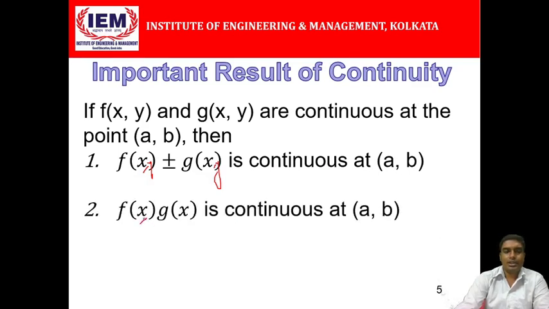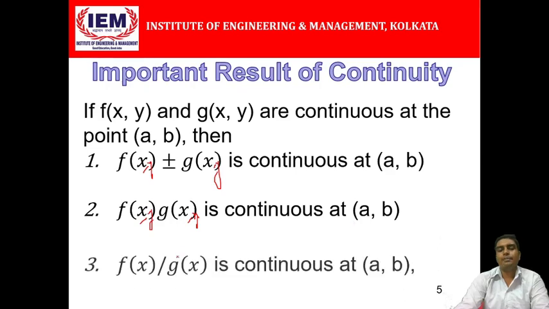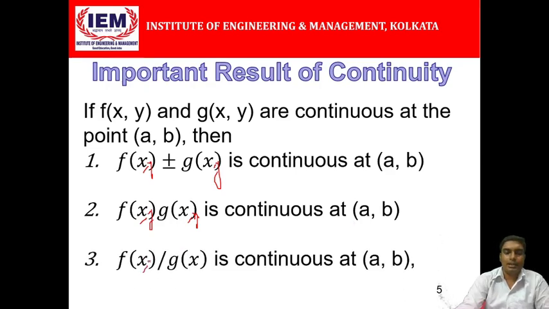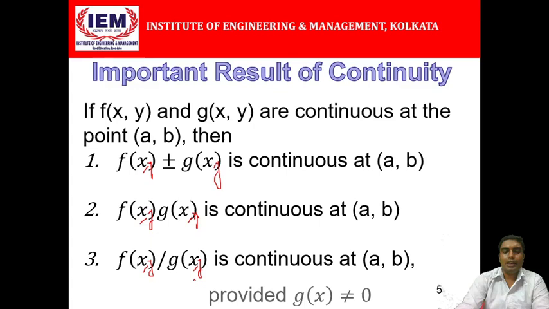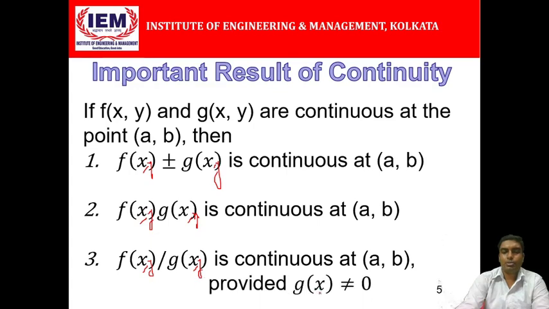Similarly, the product of these two functions is also continuous at the point a, b. And the last one, f of x, y divided by g of x, y, should be continuous at the point, provided that the functional value of g of x, y is not 0 anywhere in the neighborhood of this point a, b.